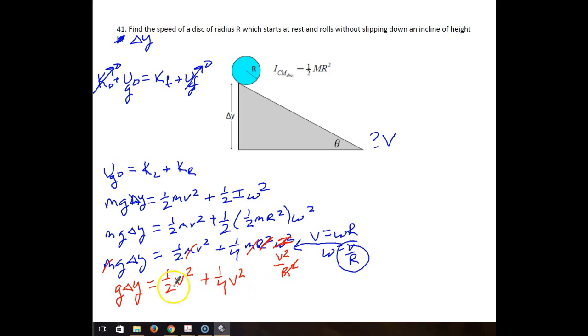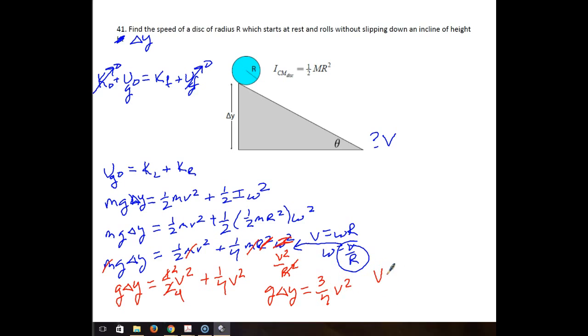Now we can add these two together. Instead of 1/2, this is going to be 2 over 4, and 2 over 4 plus 1 over 4 is 3 over 4. So g times the change in y is equal to 3/4 of the velocity squared, and they want us to solve for this velocity.